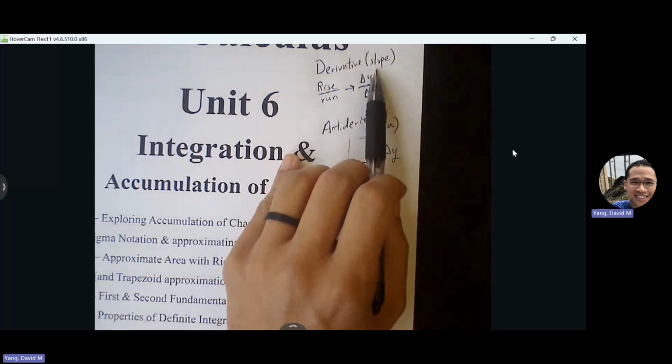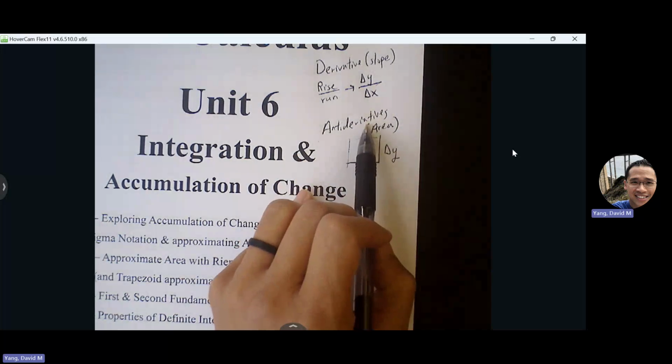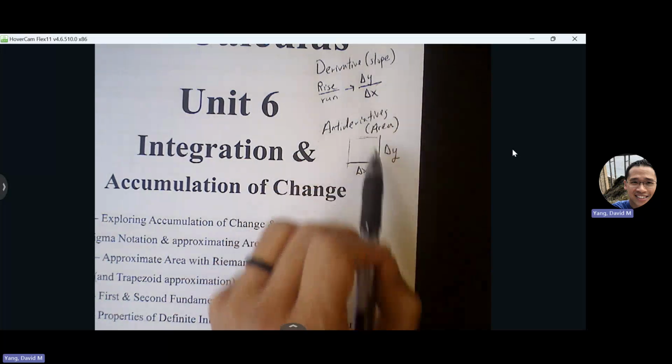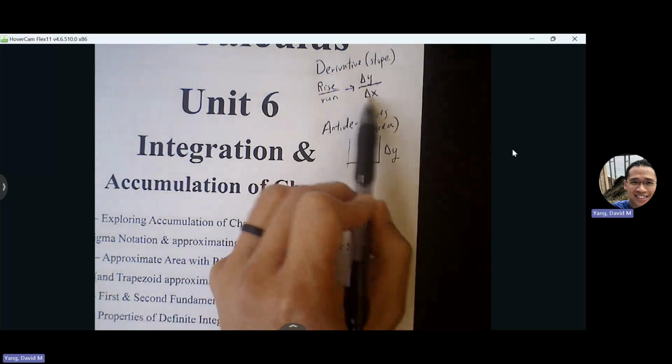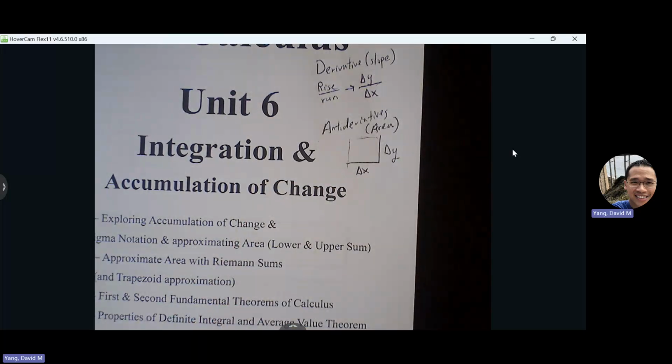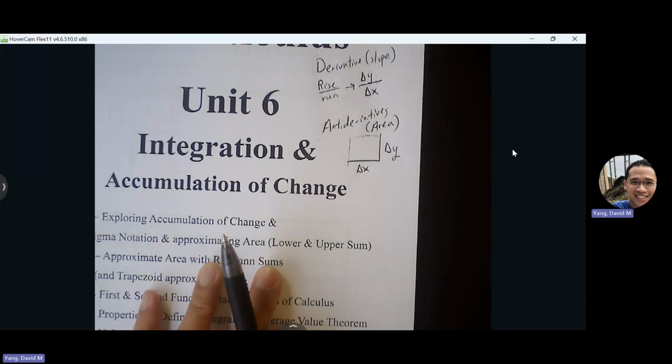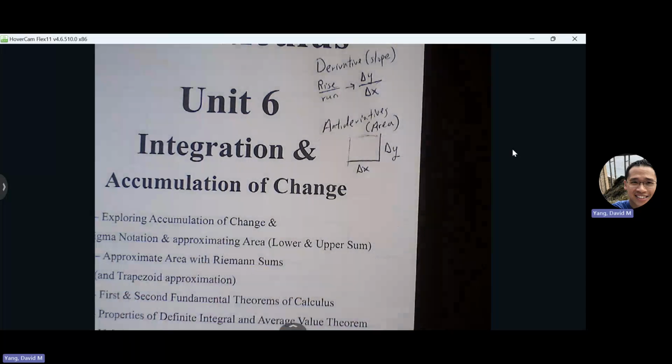So derivatives is all about slope, and antiderivatives, we're undoing the process, true, but it can help us solve for area problems because we're undoing this process. So a lot of things that we talk about with antiderivatives involves area or area under the graph because we're undoing that process for derivatives.